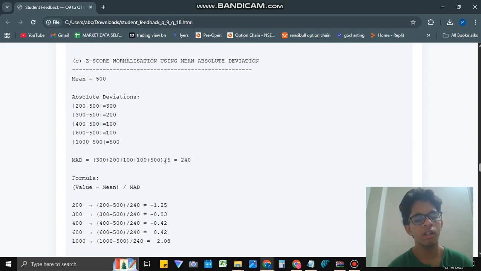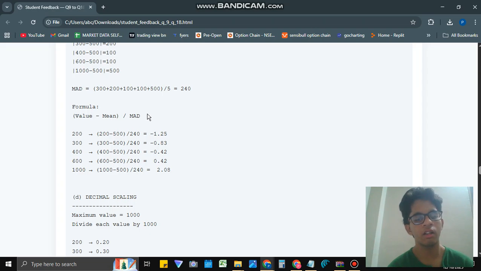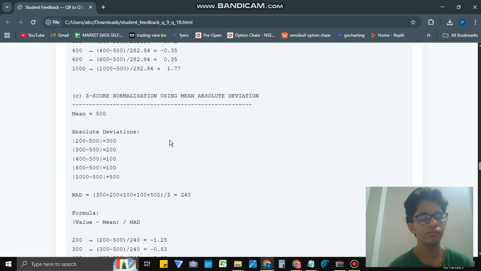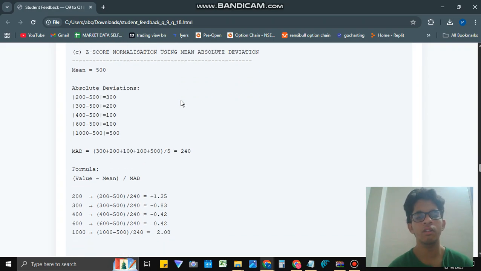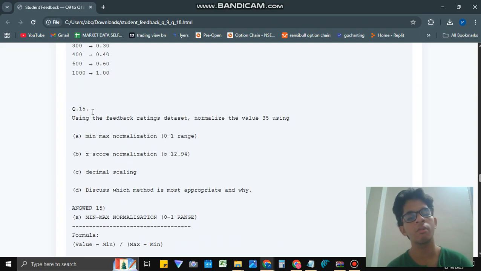Then calculate the mean of the absolute deviation, and then divide by the mean absolute deviation which we calculated before. This is how we will get the normalized values using z-score normalization using mean absolute deviation. Decimal scaling as used earlier. If we take up to 3 decimal places, it will be 0.2, 0.3, 1. These will be the normalized values.